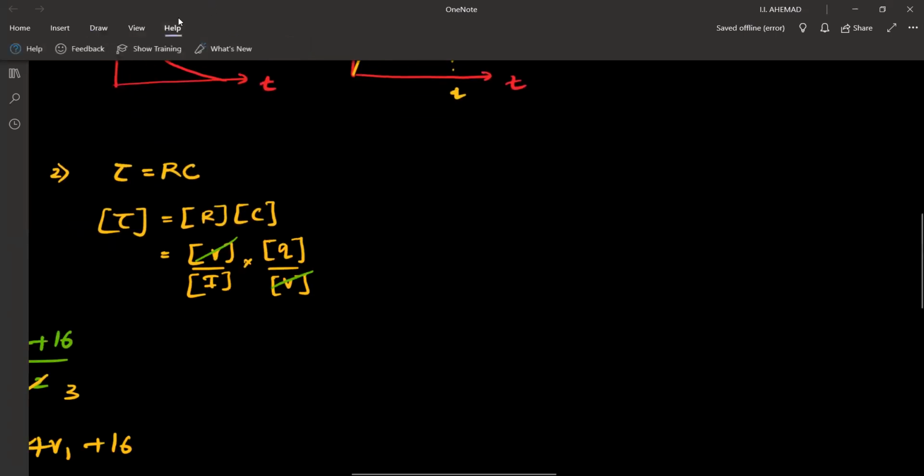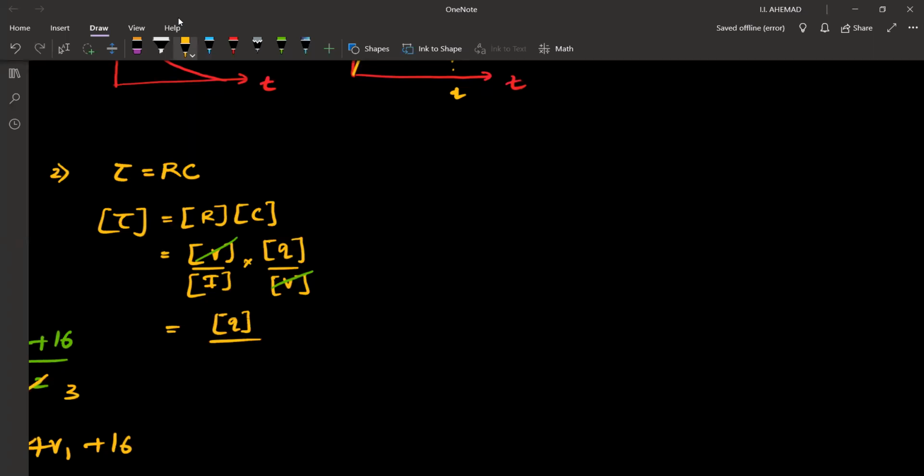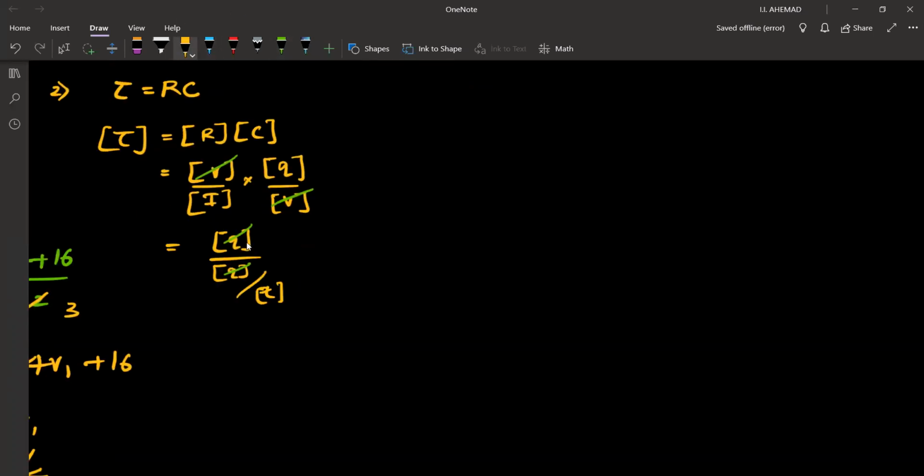Then this is equal to the dimension of Q over current, which can be written as dimension of Q over the dimension of T. So if we simplify these two, T comes to the numerator, which is equal to capital T.